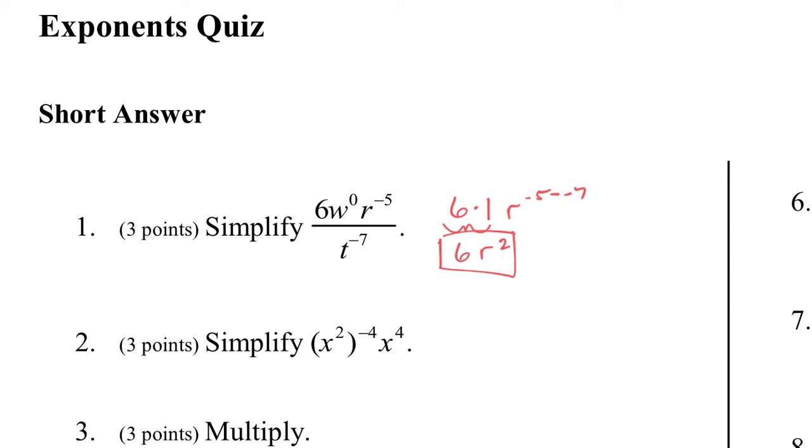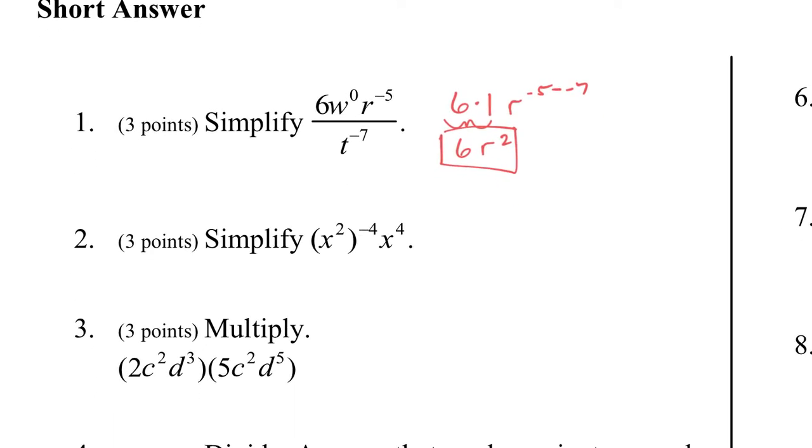Okay, let's go on to number 2. When we take a power to a power, as we are right here, you multiply these exponents. So that would be x to the 2 times negative 4, and I'll just do one thing at a time, times x to the 4th. So that would be equal to x to the negative 8.